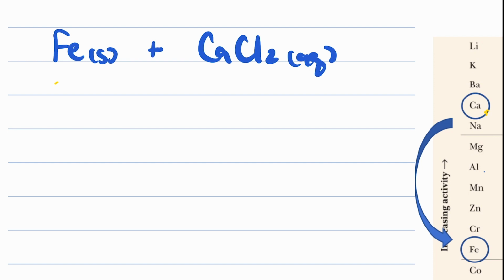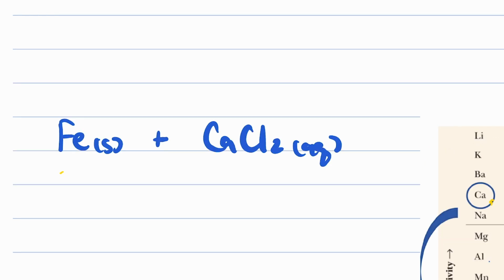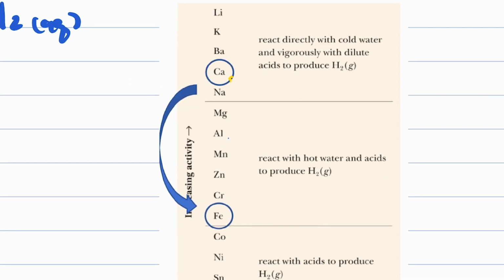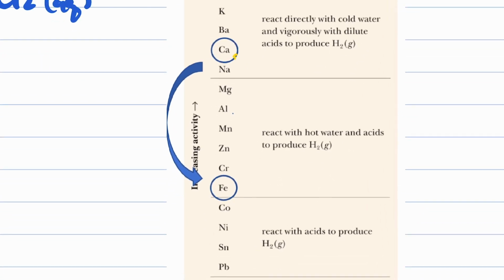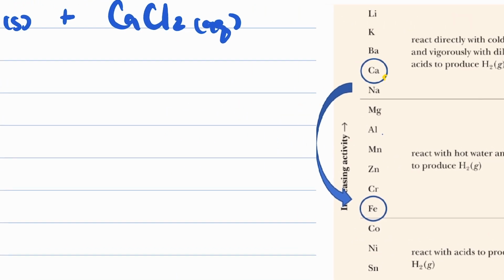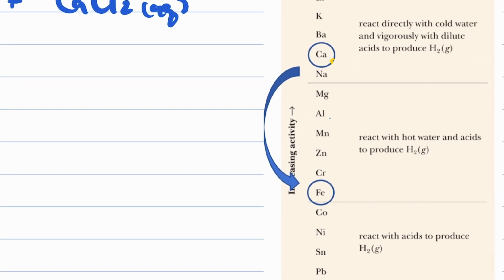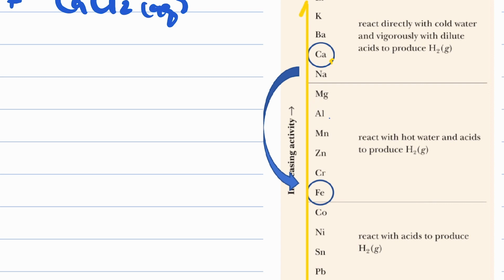So, given that, how do we know? You guys should have this chart right here, and the chart is increasing in activity, or reactivity. So you want to find them both in here. The one by itself, again, it's increasing. So let's look at it. We've got calcium right here, and we have iron right here.